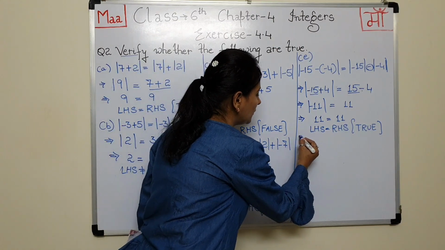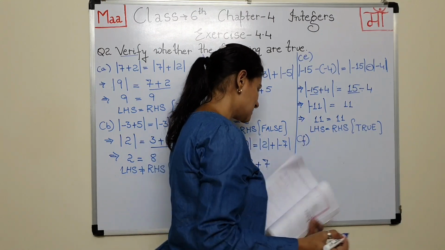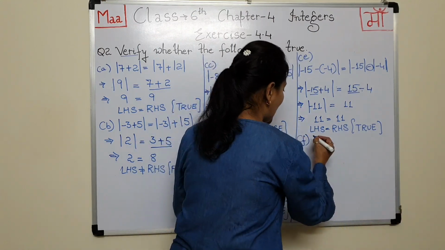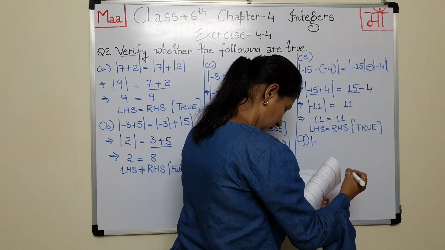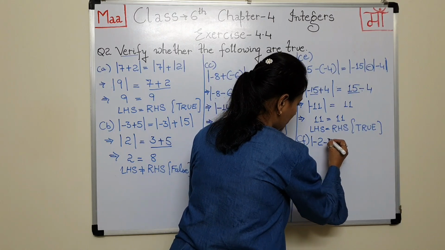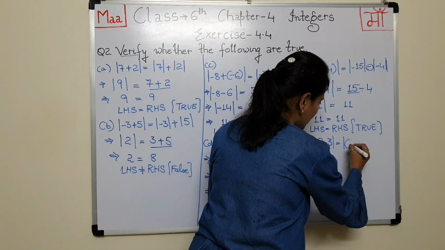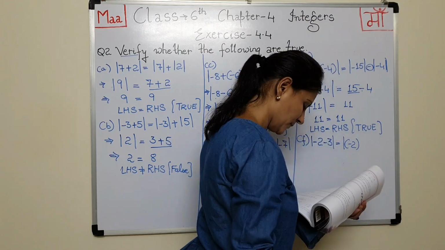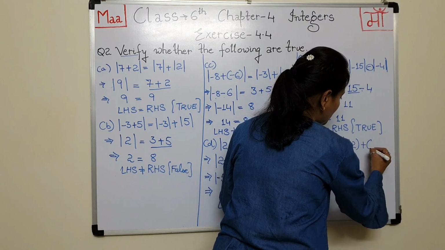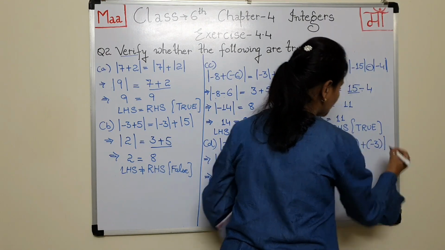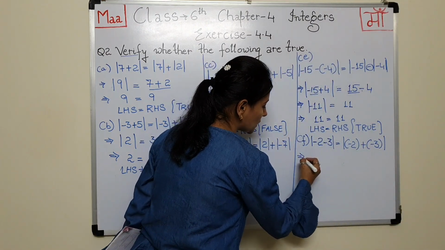Okay, now let us move on to the last part of this exercise and this chapter also. It is minus 2 and minus 3, and other side it is in bracket minus 2 and then plus in bracket minus 3. Fine. So let us start solving it.